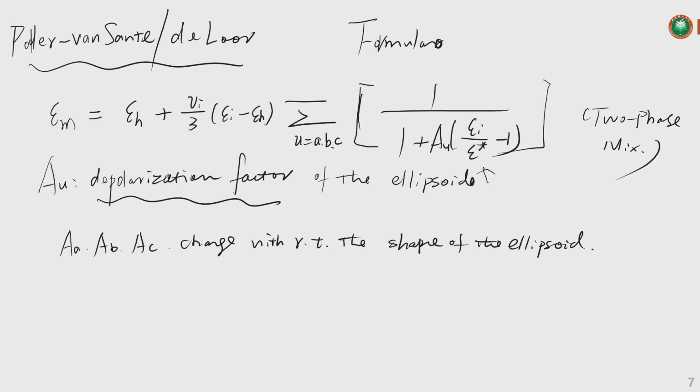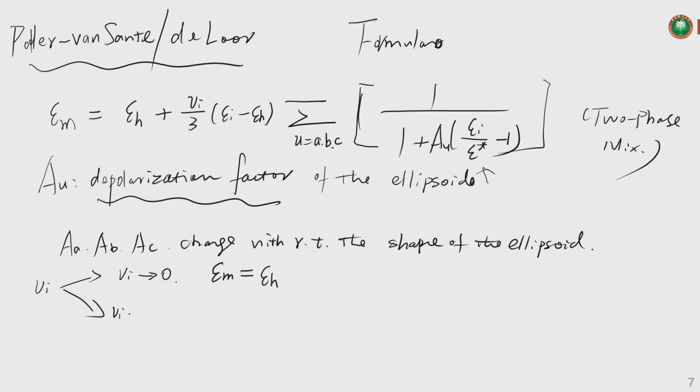So for VI first, VI is the volume fraction, all right? So when VI reaches 0, there are no inclusions, so that means the dielectric properties of the whole material, or the mixture, equal the host material, all right?